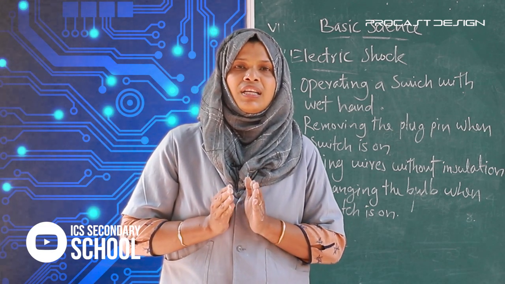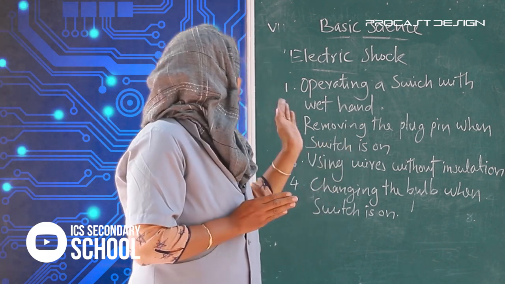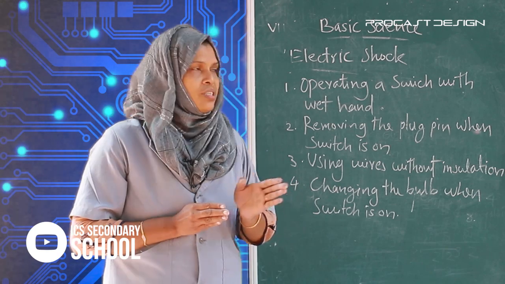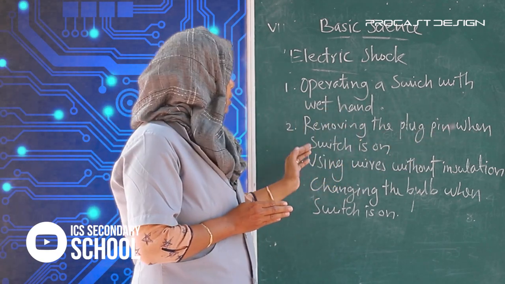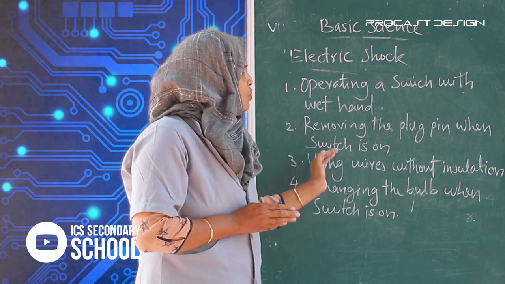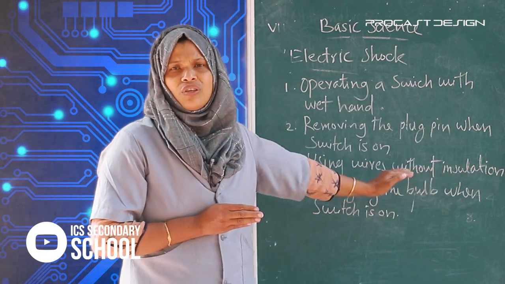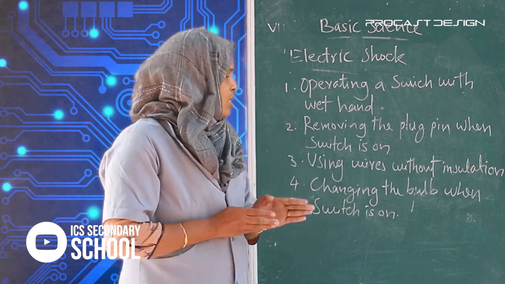Okay. First point is operating the device or switch with a wet hand. Second point, removing the plug pin when switch is on. Third point, using wires without insulation. We should not use wires without insulation.